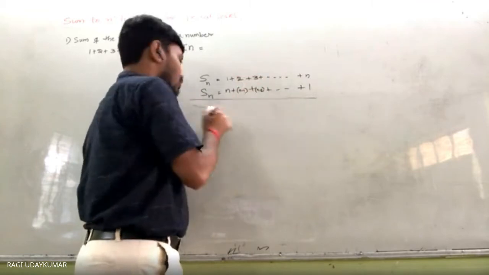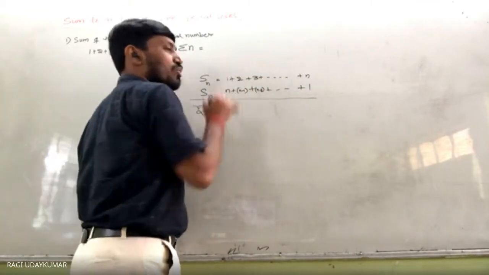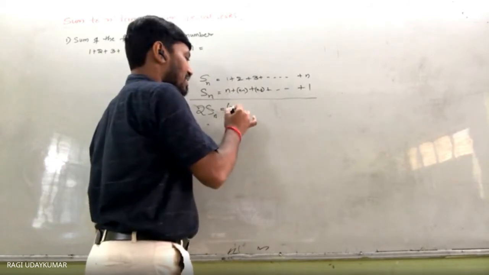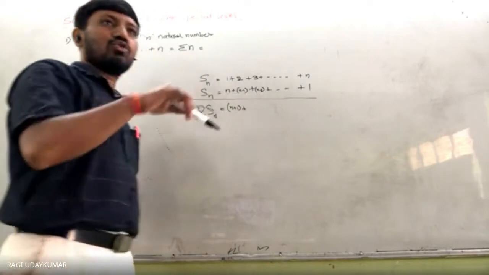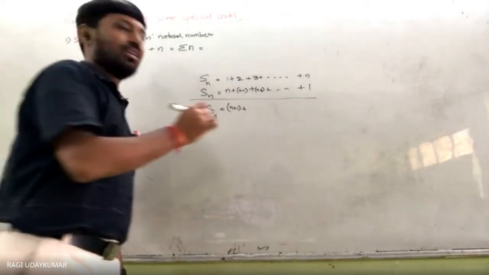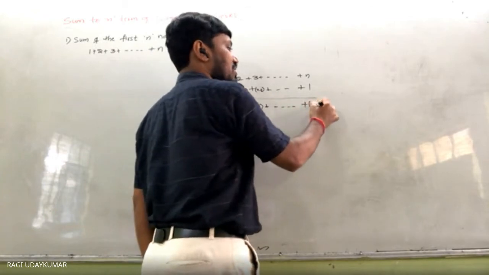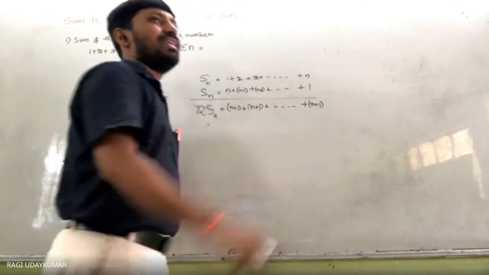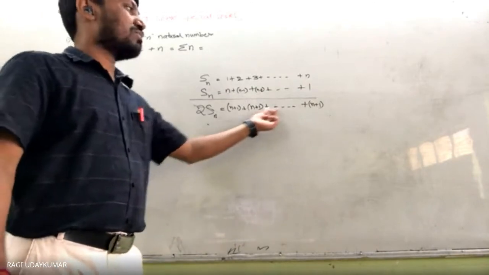If you add these two, two times Sn we are going to get: this and this you add, what do you get? n plus 1. This and this you add, n minus 1 plus 2, again n plus 1. Every number you are going to get n plus 1. How many times will you get n plus 1? n times.